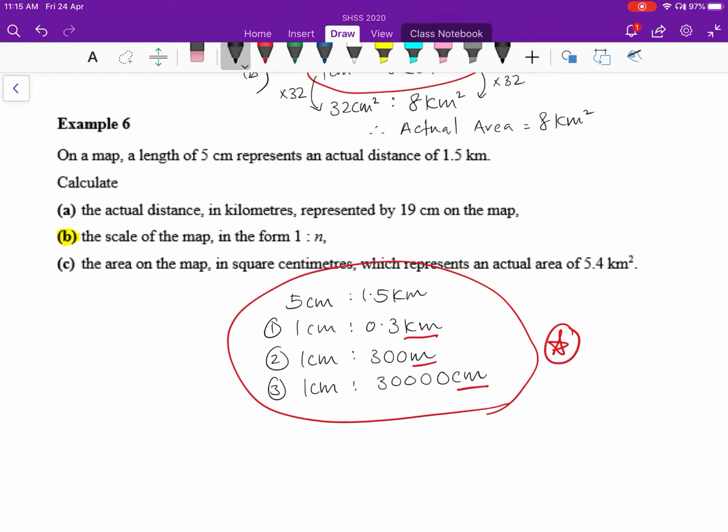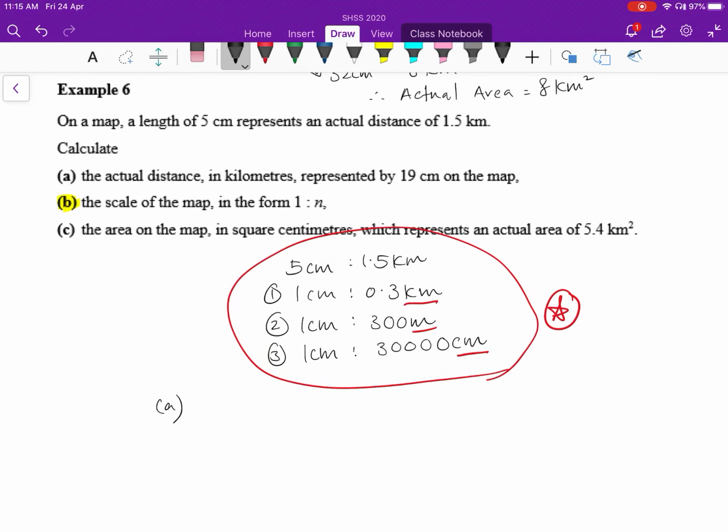Alright, so part A, the actual distance represented by 19 cm on the map. Actual distance in kilometers. Would you use 1, 2 or 3? I would use 1 because it's cm to km. So 1 cm is to 0.3 km. I want 19 cm.